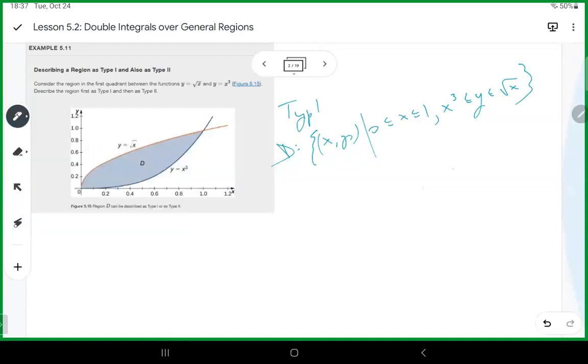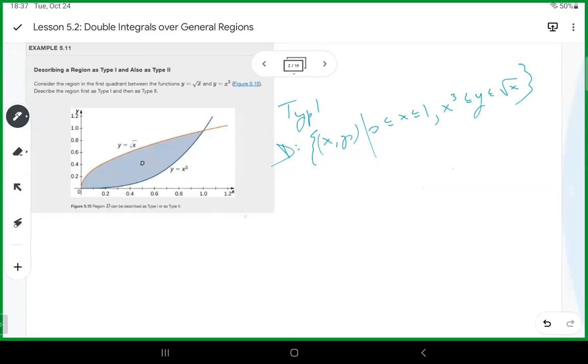Now, however, when describing a region as type 2, we need to identify the function that lies on the left of the region and the function that lies on the right of the region. Here, region D is bounded on the left by x equals y squared, and on the right by x equals the cube root of y in the interval y from 0 to 1.